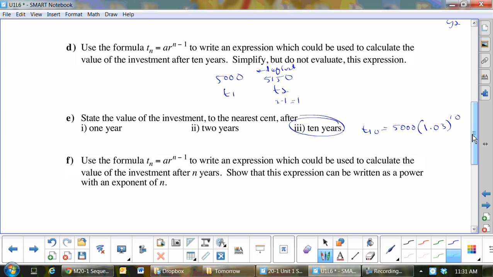Okay? So I just want to show you again what I mean. So everyone look up here. Let's just look at a chart over here. End of year 1, end of year 2. So now we had 5,000. At the end of year 1 would be 5150, and at the end of year 2 would be, what's 5150 times 1.03?